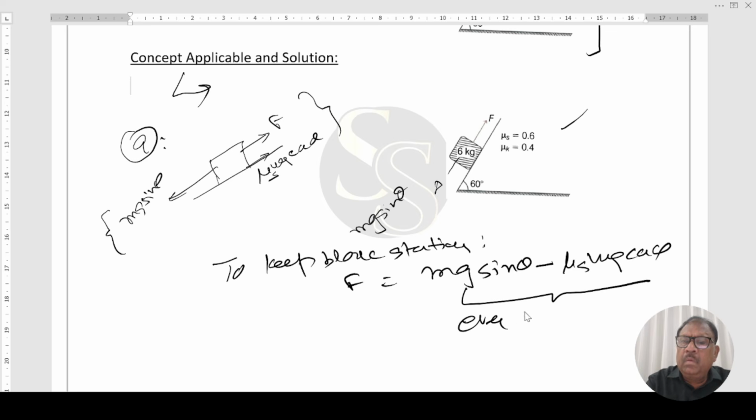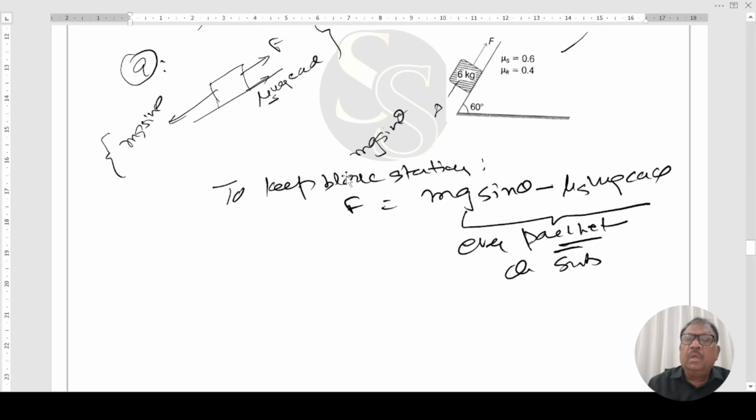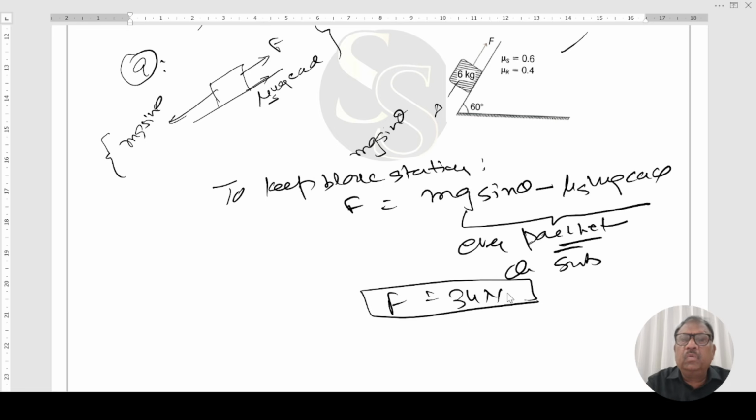Every parameter is given. On substitution, we get F equal to 34 Newton. This is part A.